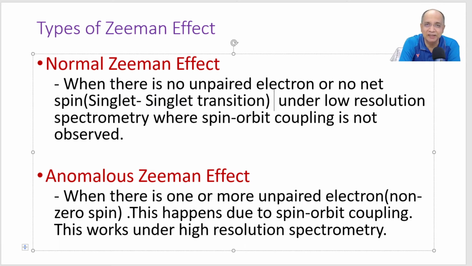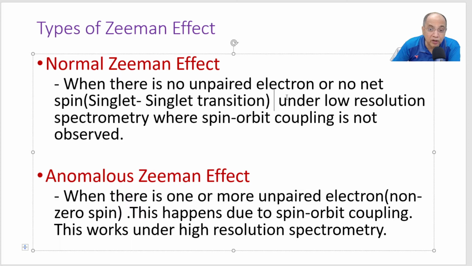So even if there is 1 or more unpaired electron, under low resolution that comes under the normal Zeeman effect. Here we use the magnetic field, no doubt, but with low resolution and an ordinary prism. In that case, the spin of the electron will not have any impact on the magnetic property of the orbital, and hence on the splitting of a line.